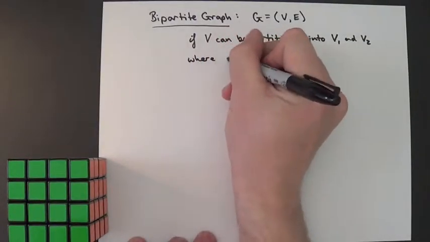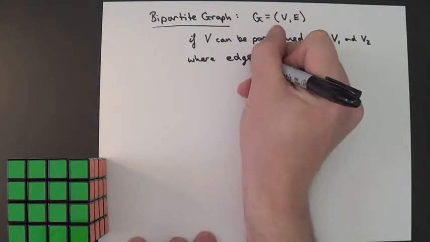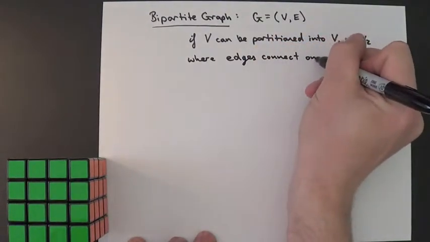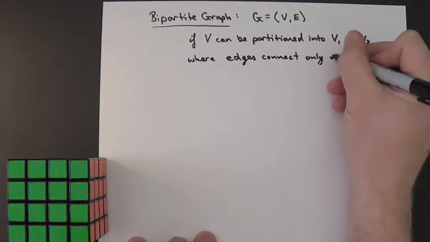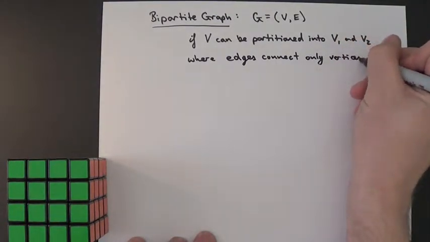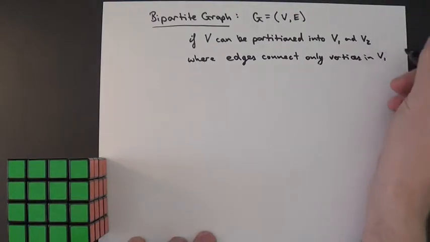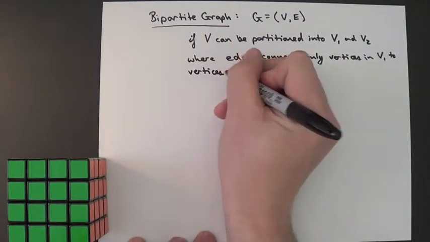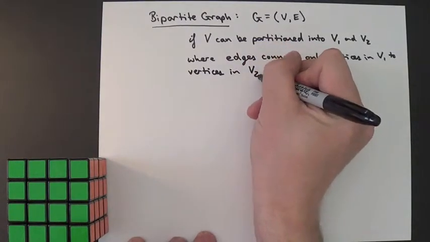where edges connect only vertices in V1 to vertices in V2.